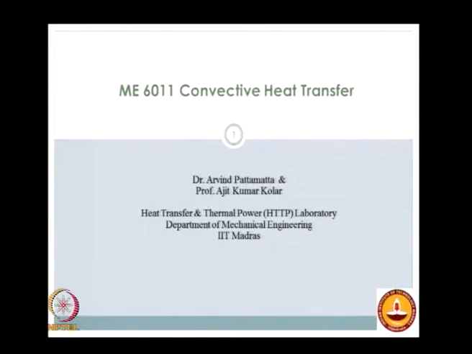This is primarily targeted towards research students who are pursuing their MS and PhD in the area of convective heat transfer, and apart from them, the regular undergraduates in their senior year who are interested to get more deep insight about convective heat transfer. Apart from the basic heat transfer course they had taken in their pre-final year, they are also welcome to take this course.